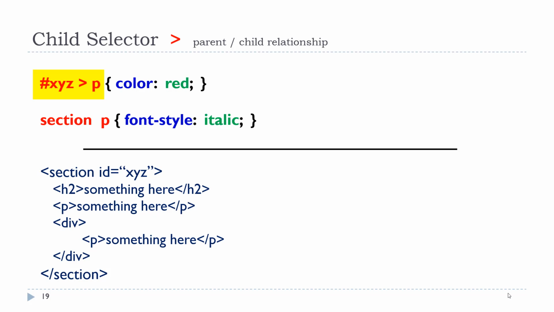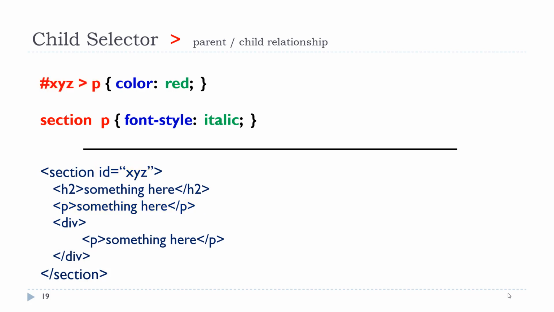If we look at our HTML, we see the section ID equals XYZ. There are several P's inside here, but only one is a child. The other is technically a grandchild. It's still a descendant, however, it is not a child. So the style will only be applied to the P that is underneath the H2.